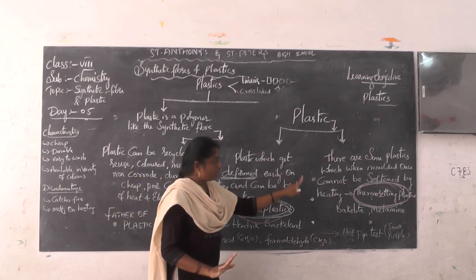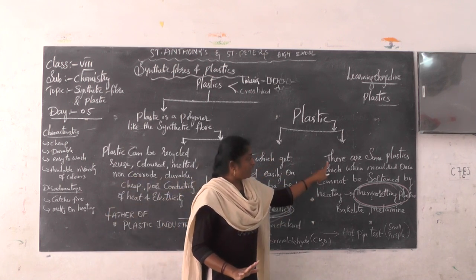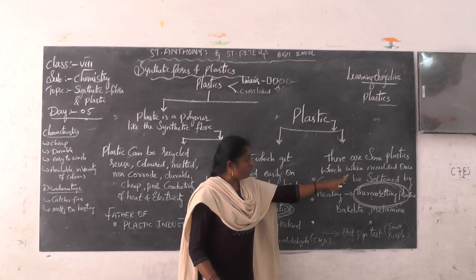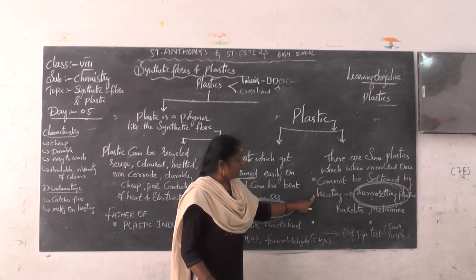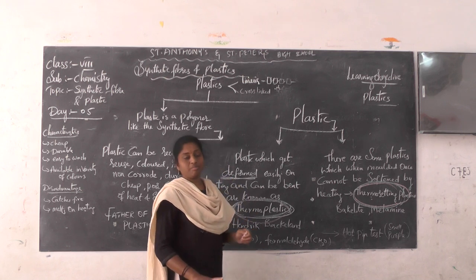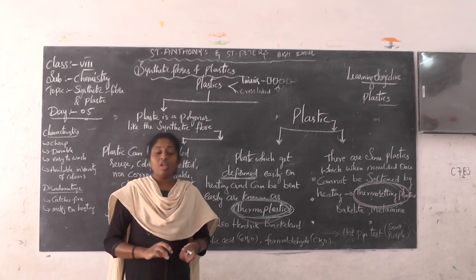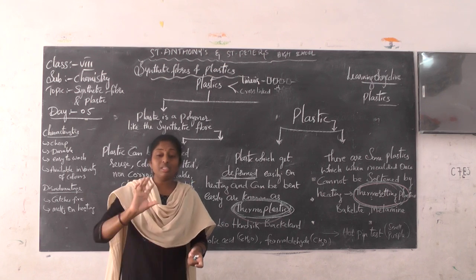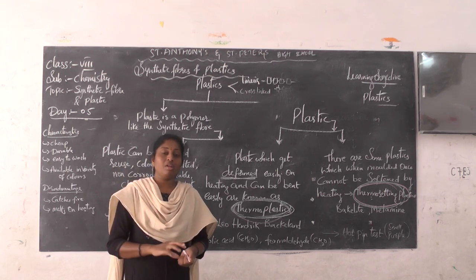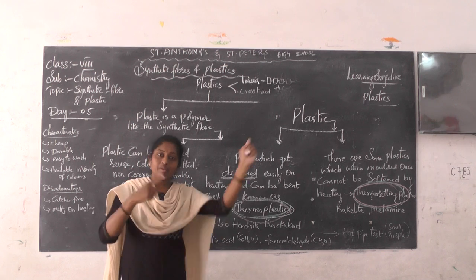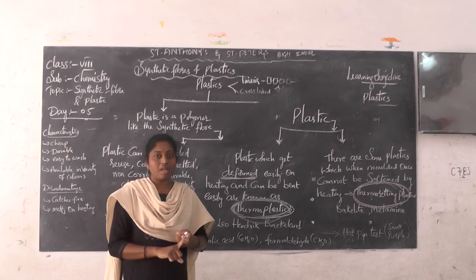There are some plastics which, once molded, cannot be softened by heating. That is called thermosetting plastic. You have the Tupperware. However much heat you pass to the Tupperware, it doesn't mold into another form. So if it is not molded, it means it is a thermosetting plastic.